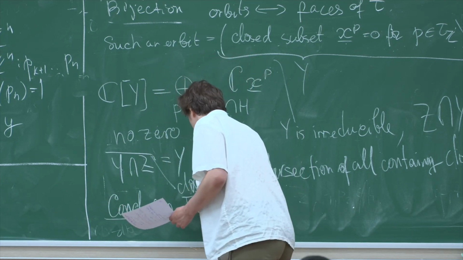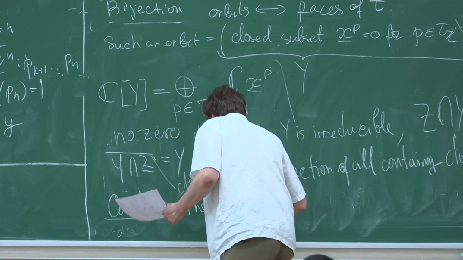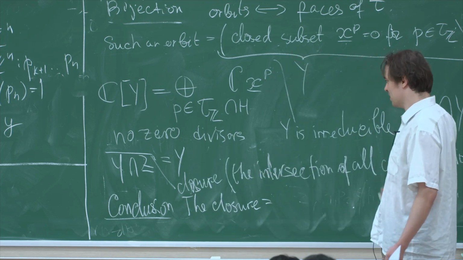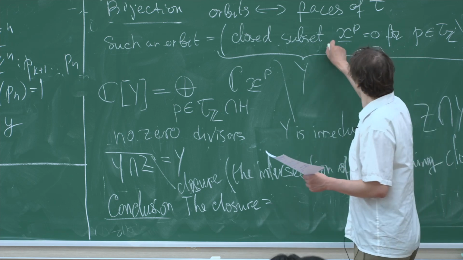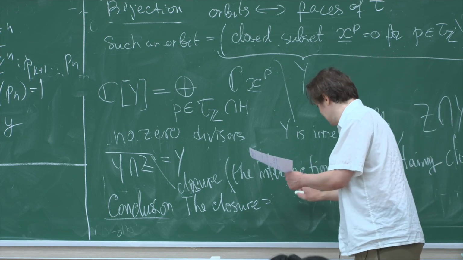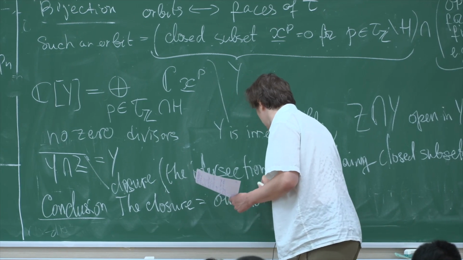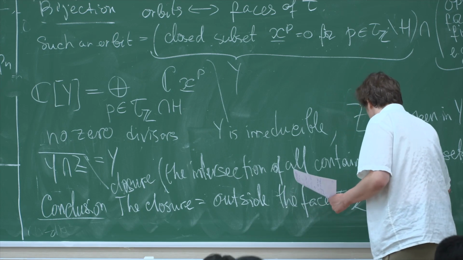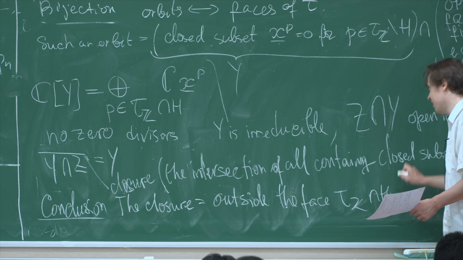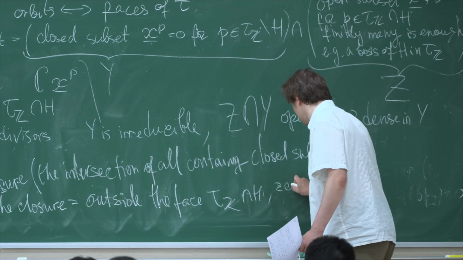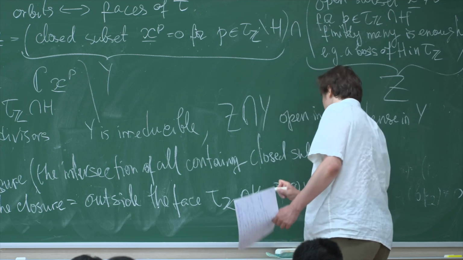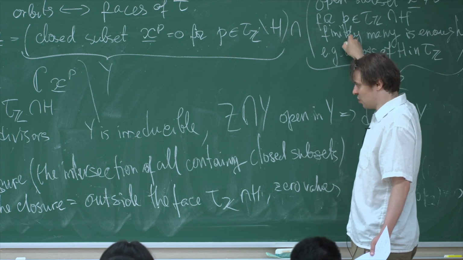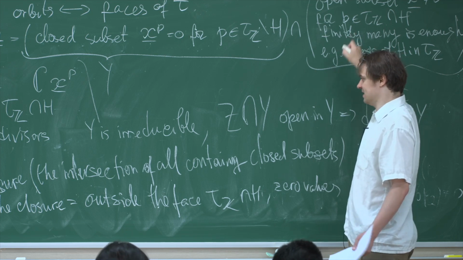The closure consists of all points corresponding to the multiplicative functions where outside the face tau ∩ Z ∩ H we have zero values of the multiplicative function, and inside this condition is ignored because we are talking about the closure, about y, not about y intersection z.